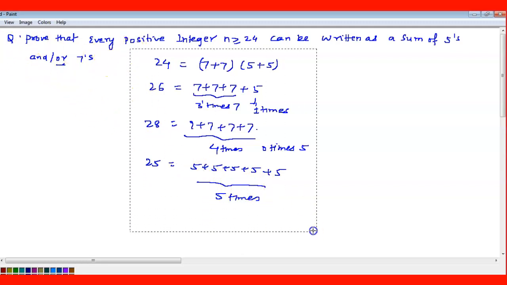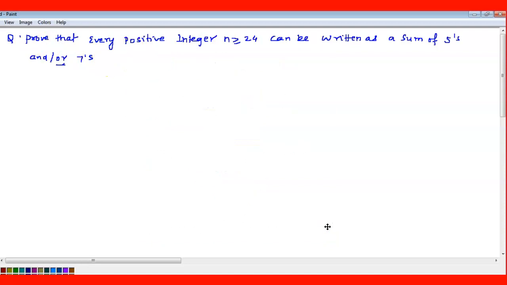So that one you have to prove by using mathematical induction. Understood the question? So now first we will consider the basis step. Basis step: Sn is equal to 24. We have taken 24 because this is applicable only when 24 or greater than 24 is there. So 24 we take on the left hand side, and 24 we can write as 7 plus 7 plus 5 plus 5.